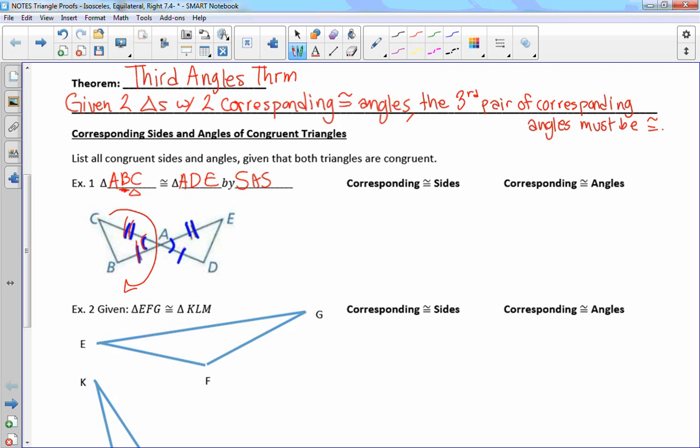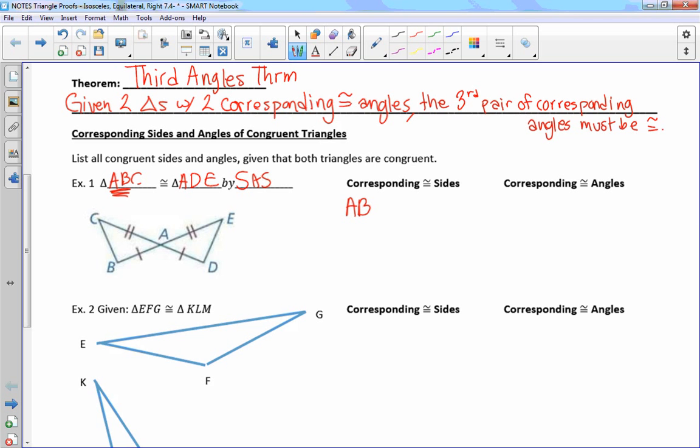Okay, now we're going to list all the corresponding sides. Corresponding sides, you can look at the markings on the triangles. You can also look at the order of these letters. A, B, if this is a side, what do I need to put with the A, B so I know it's a segment or the length of the side?